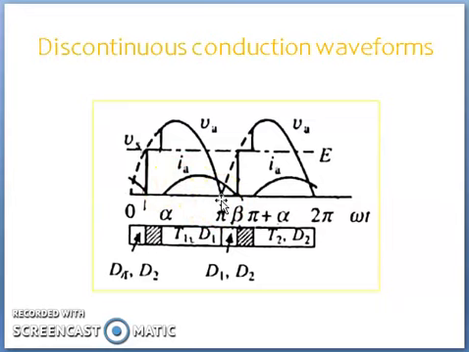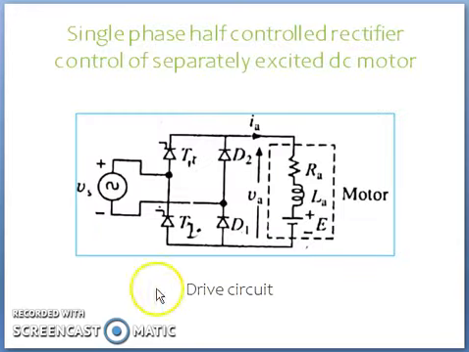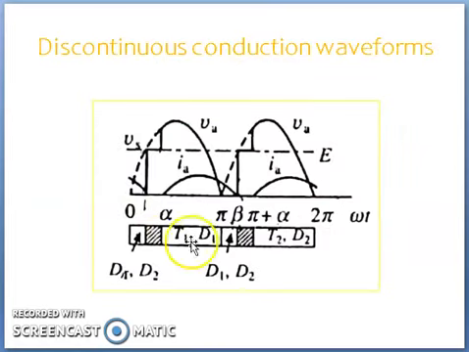Consequently, the armature current freewheels through the path formed by D1 and D2. It freewheels, and the motor terminal voltage becomes 0. So in this case VA comes to 0.